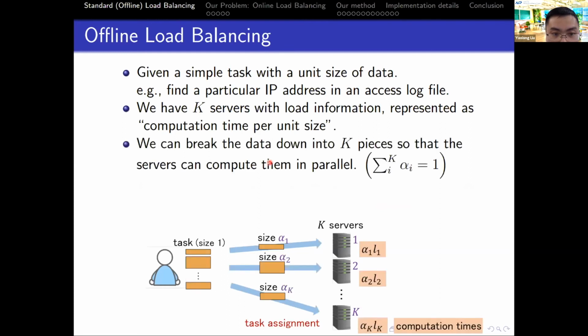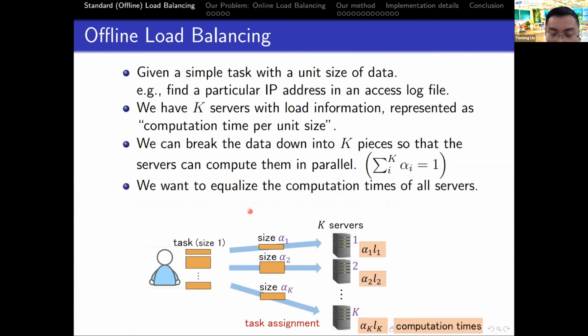We can break the data down into K pieces so that each server can compute them in parallel, which can save the time of solving the total work. For each server, we give the size as alpha i, i from 1 to K. The strategy to minimize the running time is to equalize the computation time of all servers. Equivalently, we want to minimize the makespan of our target.